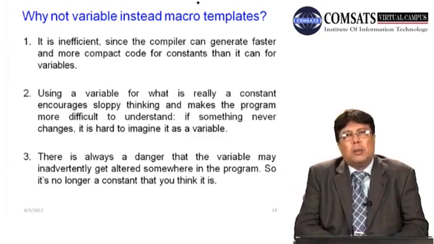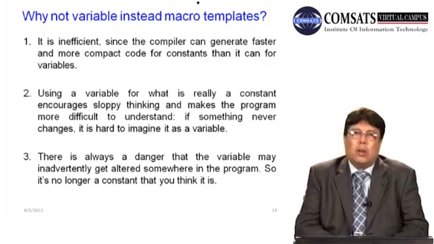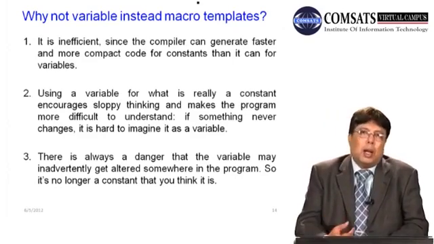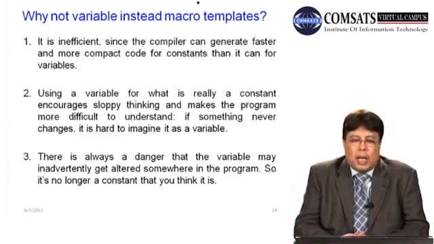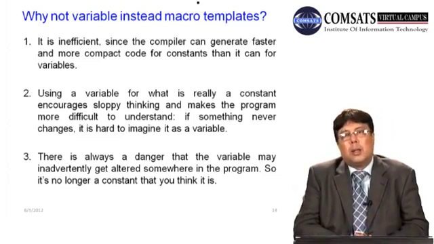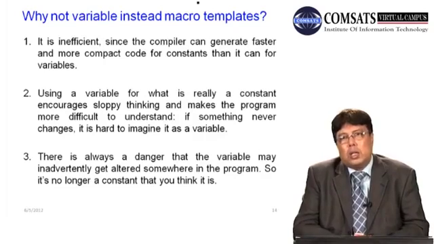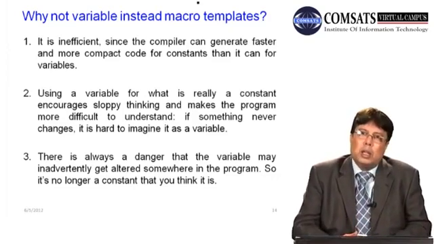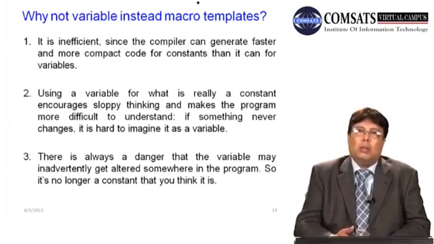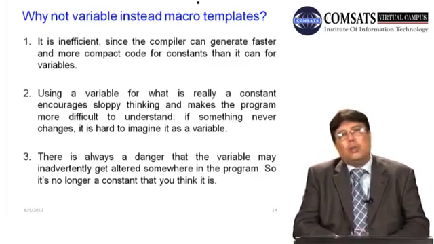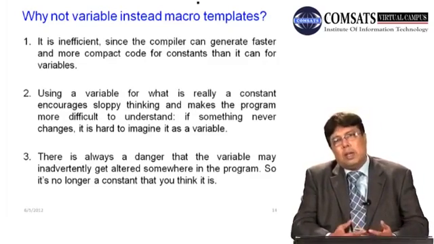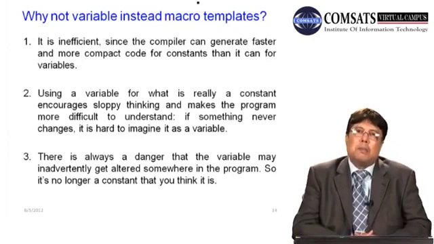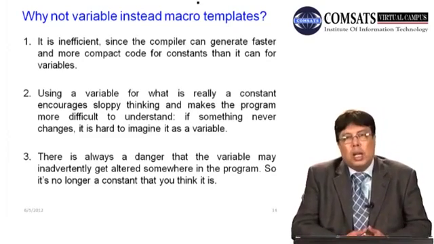You remember in my early lectures I told you about fetch, decode, execute. For a variable, first you have to get the address, go to that particular address, pick up its data, and fetch it. Whereas in the case of templates, it is very fast. Why? Because at the place where you want to use it, the compiler automatically provides the data wherever the value is used. So you are not supposed to go and access the memory location and pick up the data and bring it into that particular instruction, because the data is directly available as an operand. The value of the data is directly available to you. That is much faster as compared to using the variable.